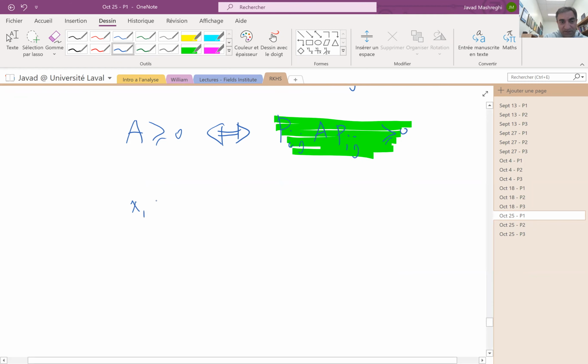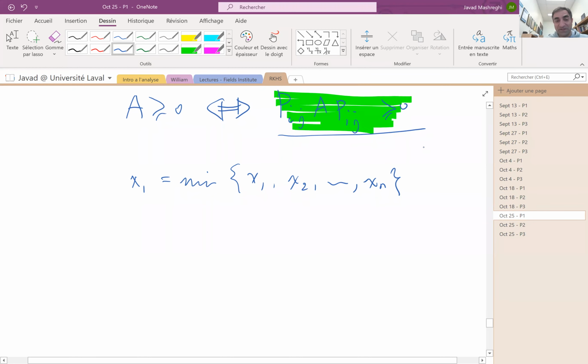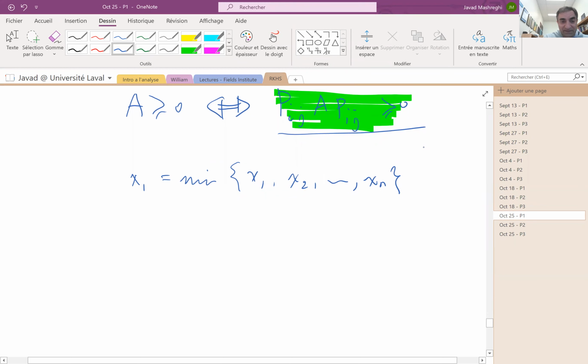If x1 is the minimum of x1 up to xn, and we apply this transformation, then k(xi, xj), this n by n matrix, will start like this.